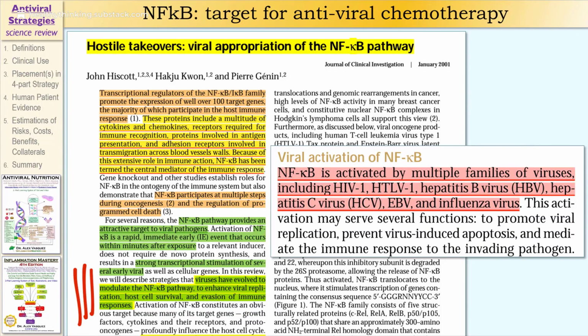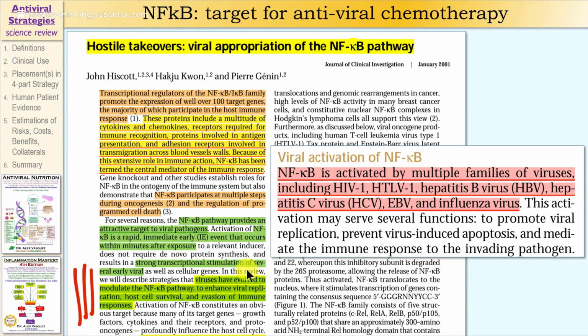So I'll read to you 2 sentences from this article just to emphasize and bring home the point that I'm trying to make here, and that is that NF-kappa B is a pathway within human cells that viruses basically hijack in order to promote their own replication. So if we can control that NF-kappa B pathway, we can then modulate or at least partially control viral replication, and indeed we can do that through nutritional supplementation.